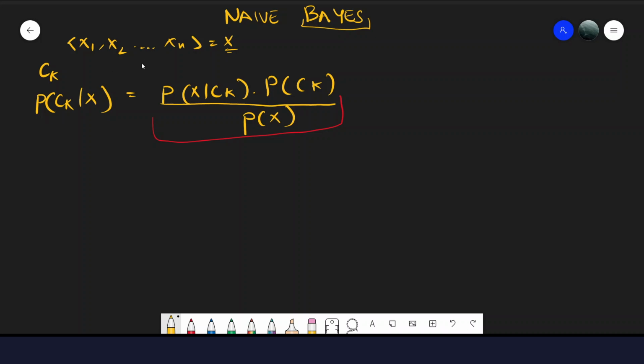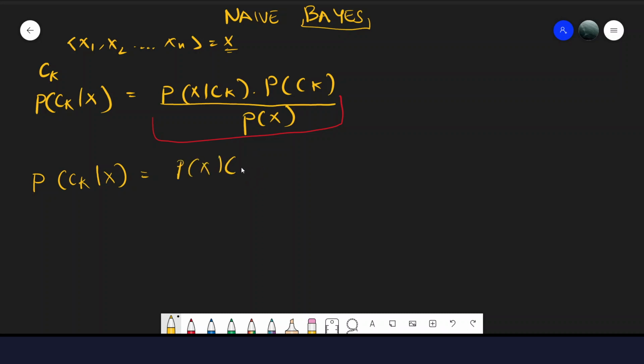And this is just the probability that given my data set X, it belongs to some class Ck, where k equals 1 to k. Now I'm going to write this a little differently: probability of Ck given X equals probability of X given Ck. I'm going to expand this using the conditional probability formula.